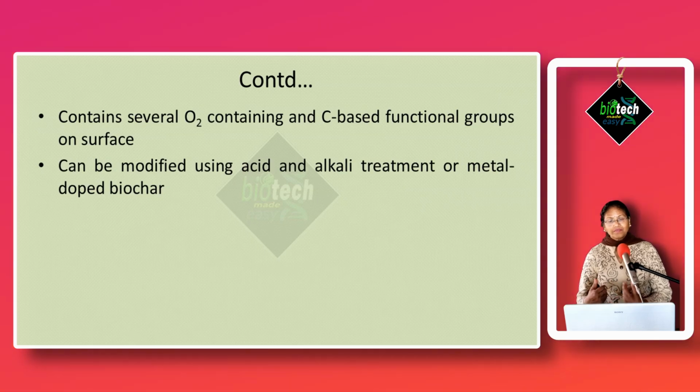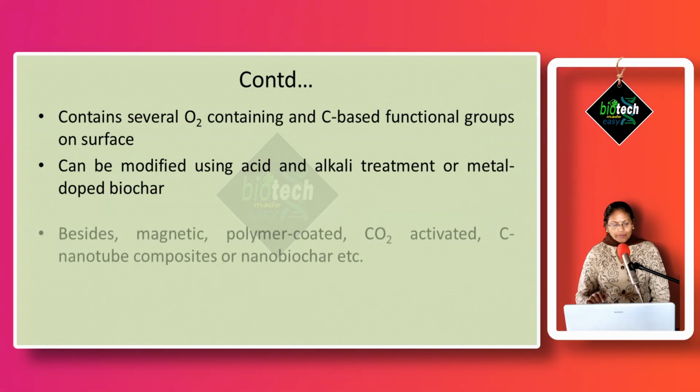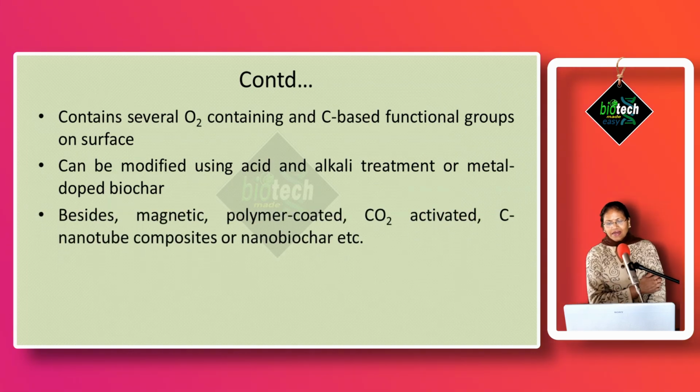It has many benefits when we use biochar in the wastewater industry. Besides acid and alkali treatment and metal-doped biochar, there are magnetic biochar, polymer-coated biochar, carbon dioxide activated biochar, carbon nanotube composites or nano biochar. These are also modifications which have been done in biochar, and all of these are used in wastewater industries.